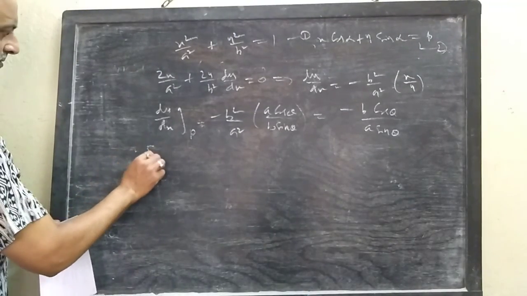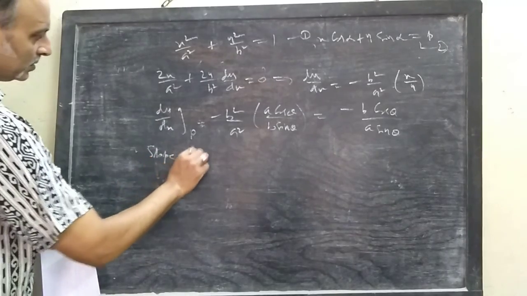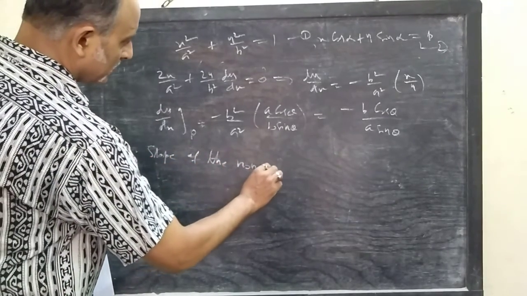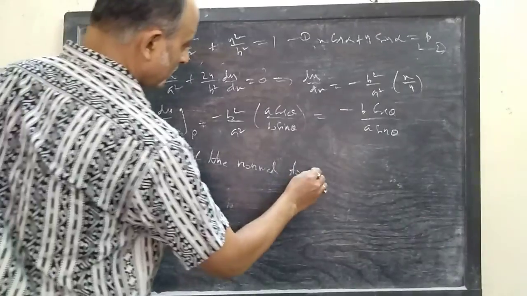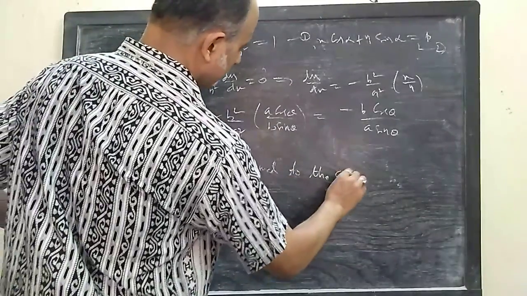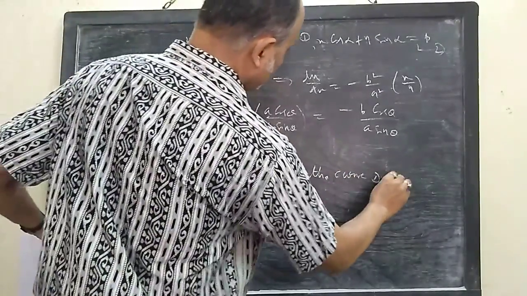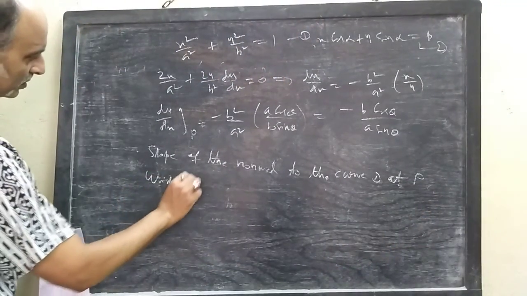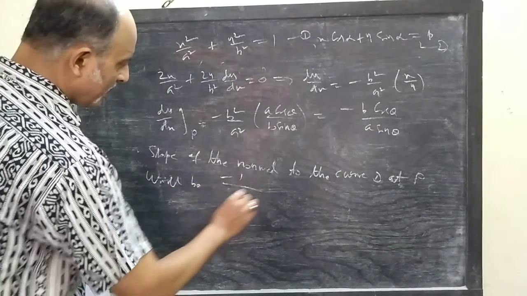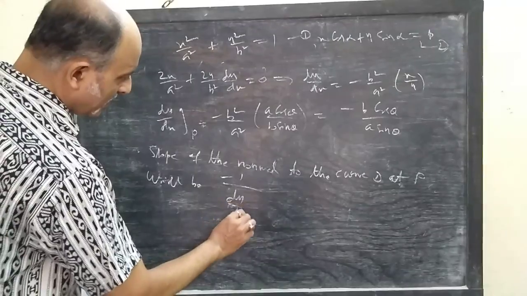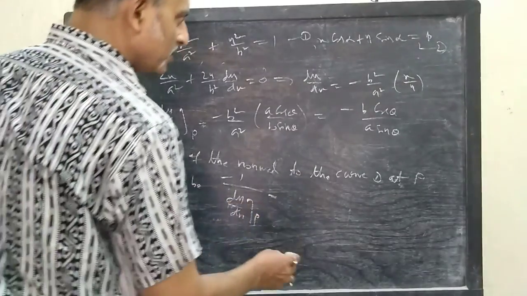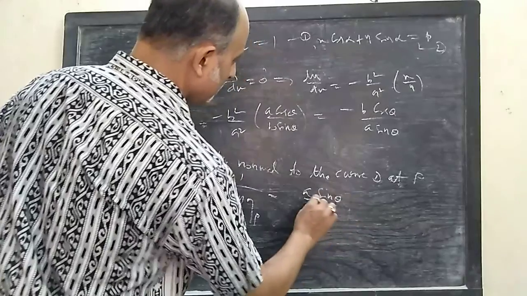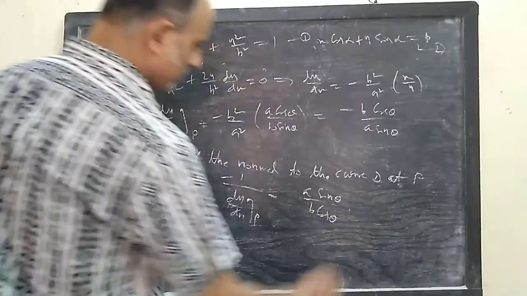Therefore, slope of the normal to the curve 1 at P will be minus 1 by dy dx at P. So this will become a sin theta by b cos theta.